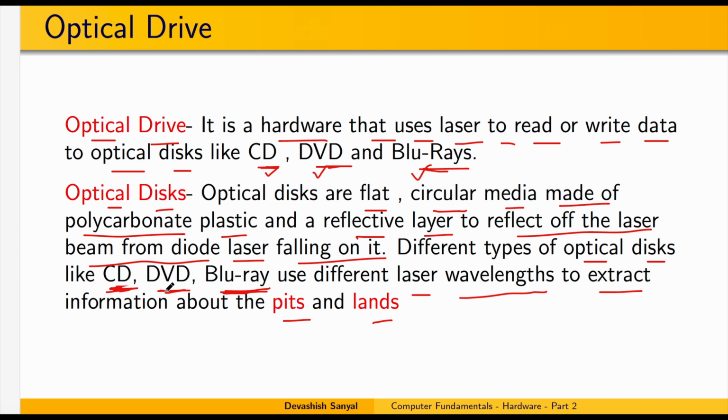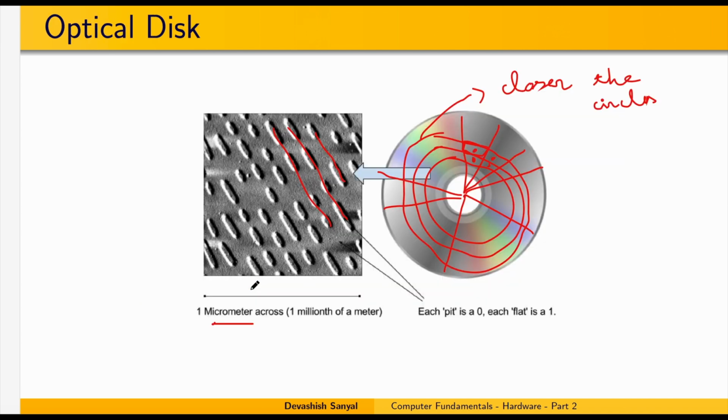In DVD you have to use a smaller wavelength. Okay, so it has to be smaller than red light, and for a Blu-ray disc you have to use blue light in order to read the data that is stored on the Blu-ray disc. So this is the concept.